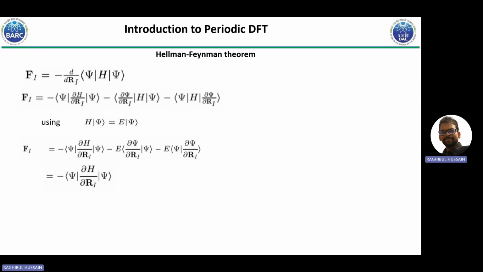Using this relation, I have come to this: E times d psi by dR and d psi by dR. If you are convinced, it is nothing but minus 2E times d psi, and d psi by dR_i is basically 0. Why? To maintain orthonormality. I am not going into the detail, but to maintain orthogonality, that term is 0.